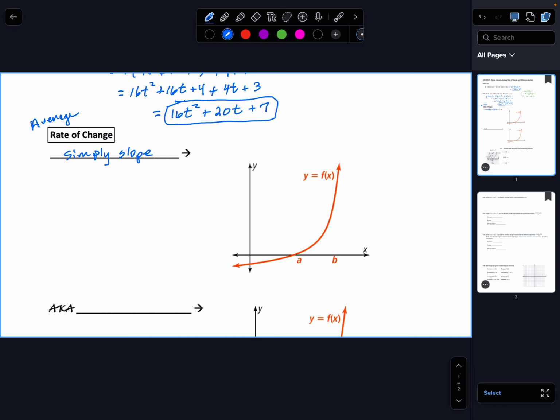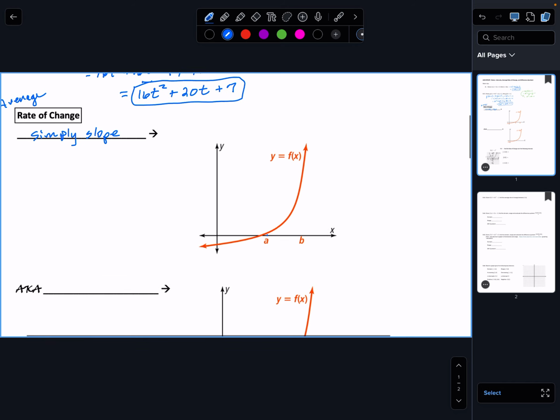Slope's something you've done from Algebra 1 or earlier. And so on this graph, we have at A, so if I go up to when x is A, the ordered pair that belongs to it is A, and this is the function f, and so you need to put A into the function f, and that's the ordered pair. It's abstract.